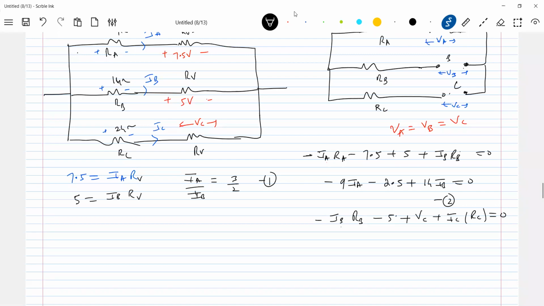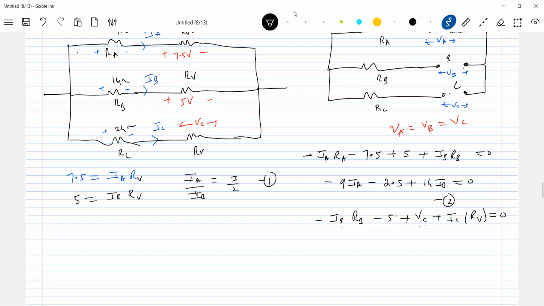We know the value of IB. VC and IC, two unknowns are there.